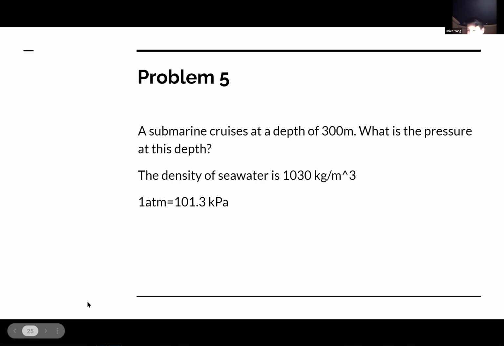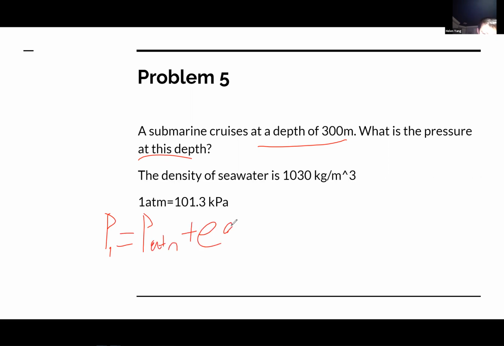Okay, so in this question right here, a submarine cruises at a depth of 300 meters. What is the pressure at this depth? So you use the equation P1 is P atm plus rho times g times h.